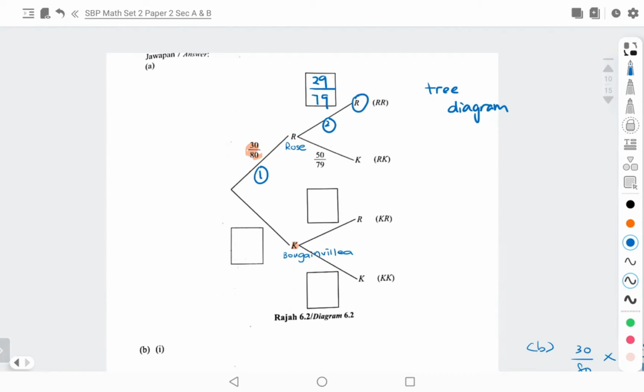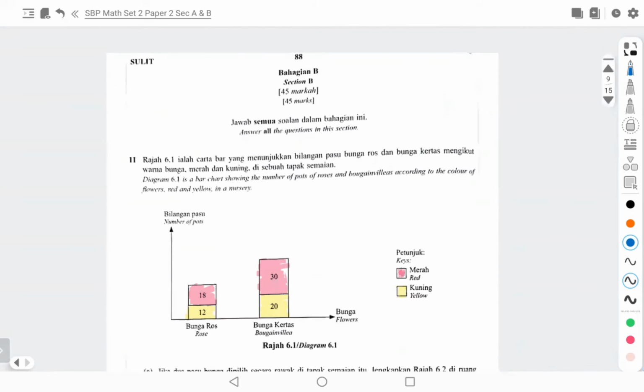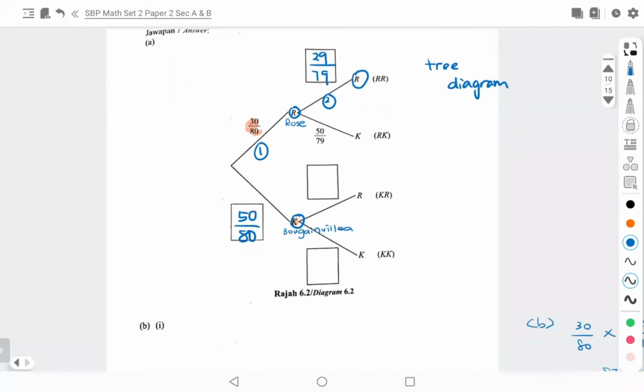Now, this is rose. Now we move on to the lower part here, Bougainvillea, K. So it will be 50/80. Based on the diagram, there are a total of 50 bougainvillea flowers here. So 50/80.